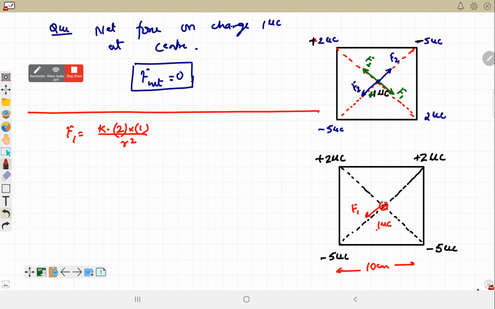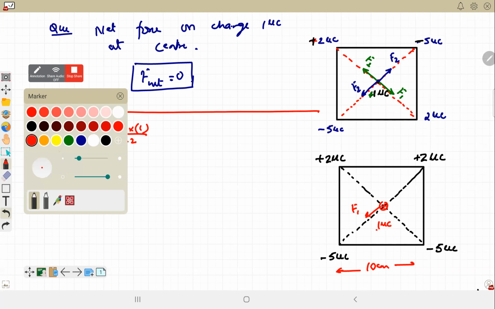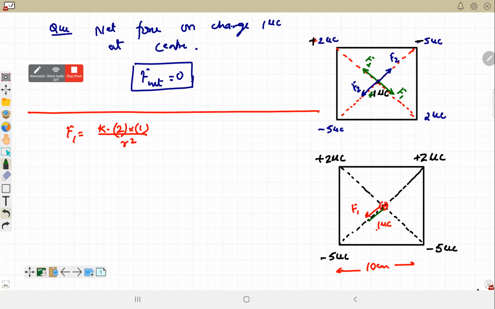The 5 microcoulomb is attracting it towards itself by another force, F2. F2 will be K into 5 into 1 divided by R square. Similarly, the other 2 is repelling, 2 plus 2, and 2 minus 5 is attracting. So on both sides F1 plus F2 is the total force.